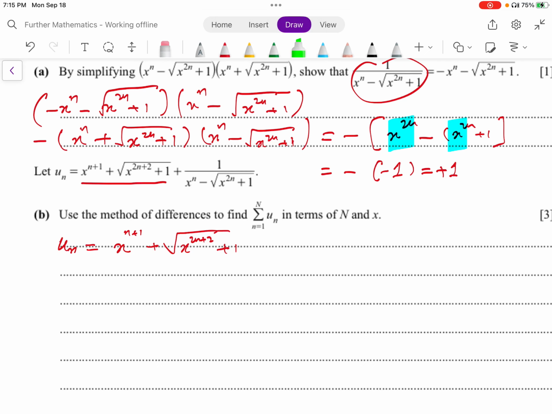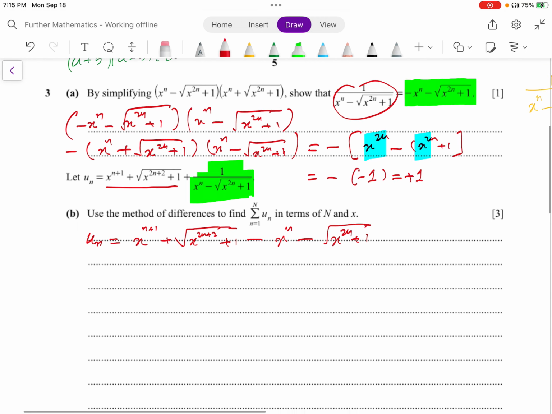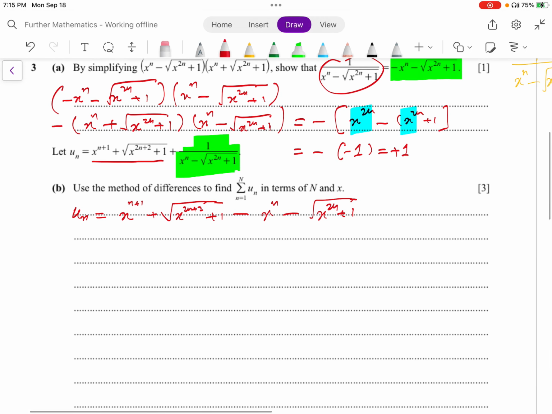And now this part can be replaced with the other side we have proved in part 1, with the right side of our proof. So here we can write minus x to the power n minus the square root of x to the power 2n plus 1. So this we are going to use in the method of differences.